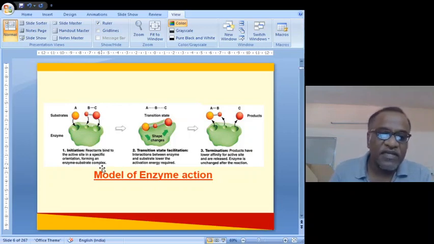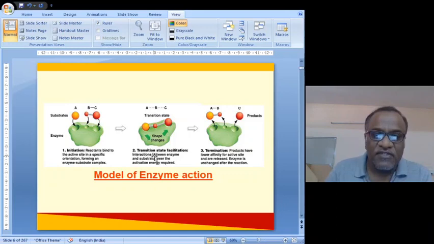This is very critical. Binding to the active site is not the only criterion; binding in a specific orientation should also be considered. Only then is the enzyme substrate complex formed. If there is no specific orientation binding, you cannot expect the enzyme substrate complex to be formed.